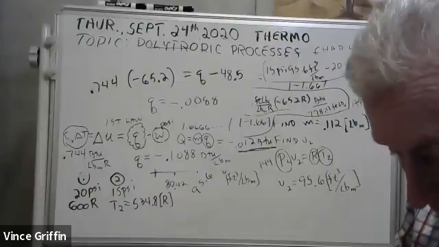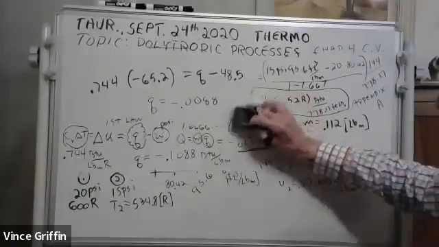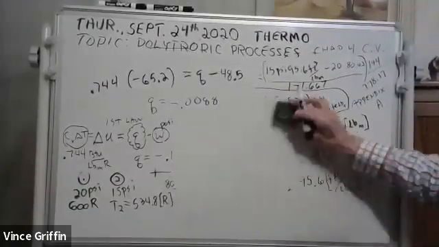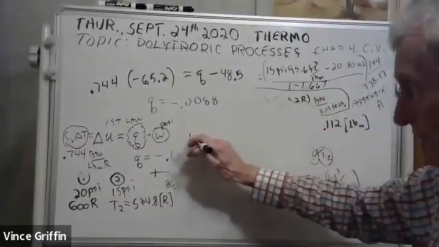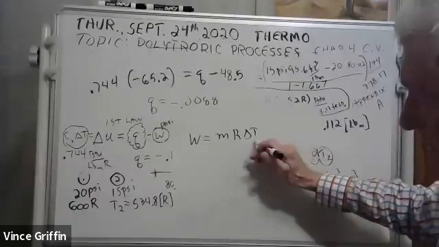I was using the big W equals M R delta T over n minus 1. Let me write that down so I can figure out what you did.